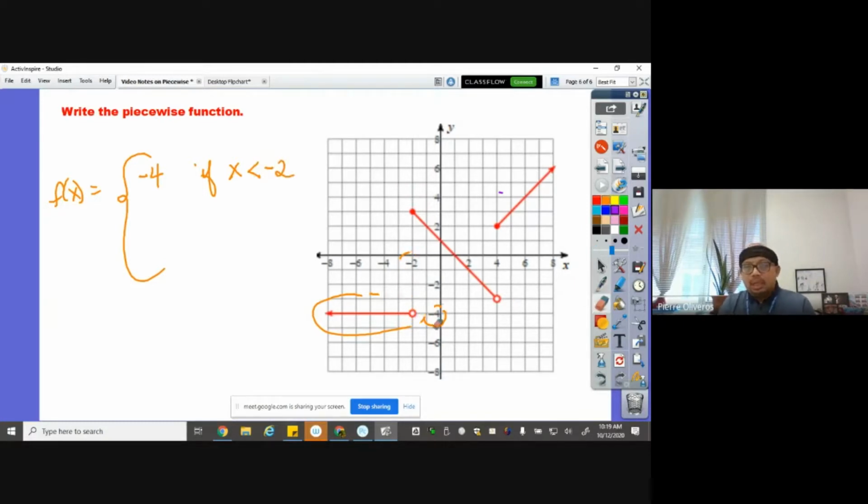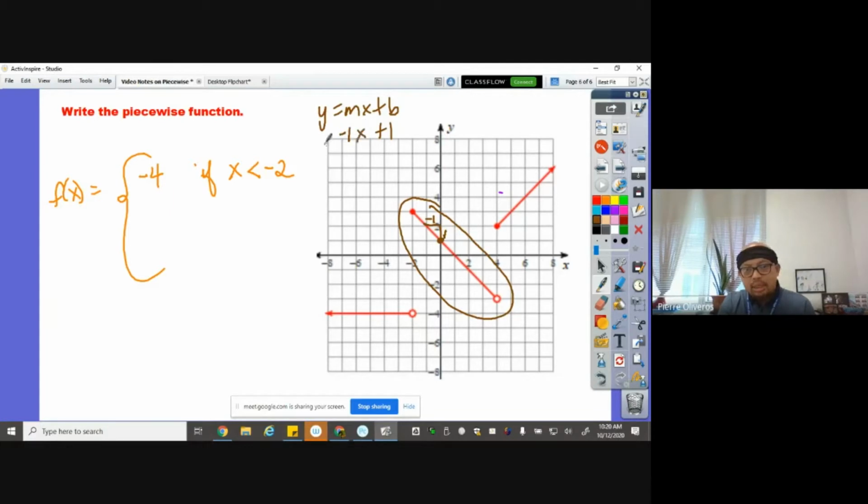The next one is the middle one, the brown one here. This one is a line that has a y-intercept. Remember y equals mx plus b. The b is the y-intercept, and that happens to be +1 there. The slope: from here to there, it's one up, one to the left, so the slope is -1.